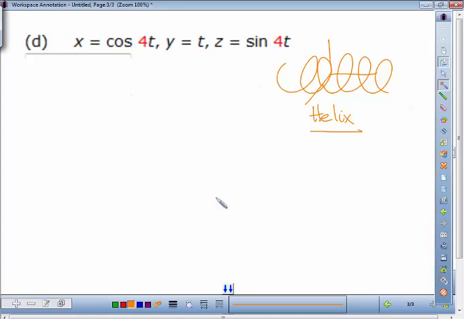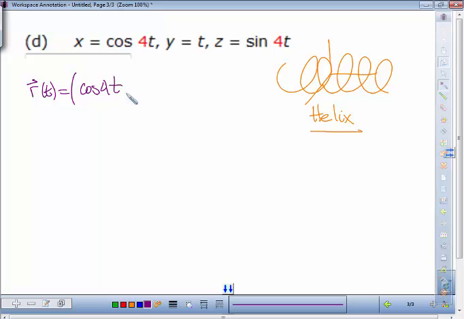And the path can be given by, if we take a look at this from a vector point of view, then we write the vector with ijk, or with parentheses and commas in between as components. And so we drop the idea of the x, the y, the z because they live in their own components here.